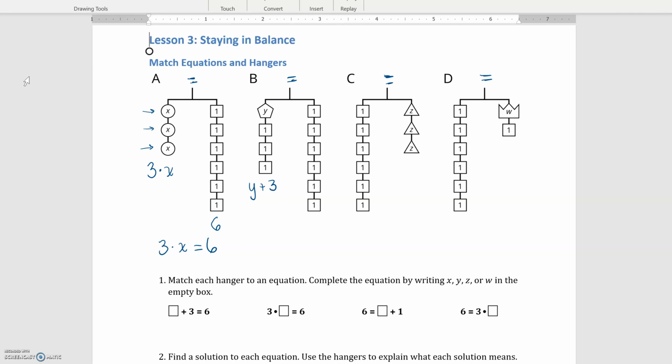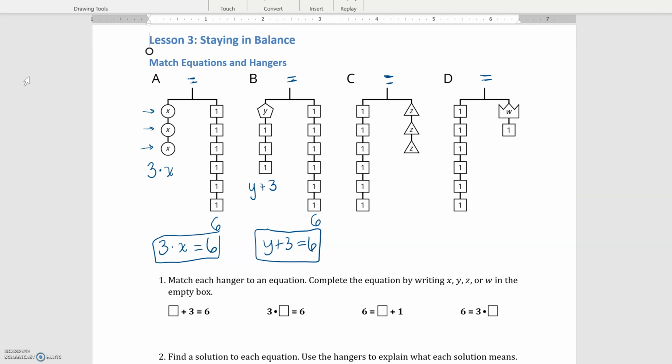That's the left side. On the right side, I see 6 groups of 1, which equals a value of 6. So to write an equation for this one, I see that the left side, y plus 3, equals 6. I'm going to box these so we can see our clear equations for each hanger model.